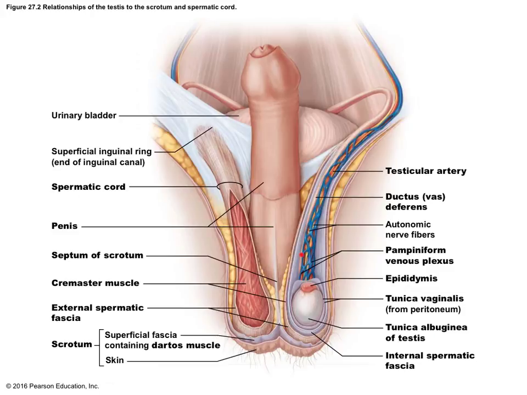And arterial blood has more heat in it than venous blood does, because as the blood travels through the capillary beds, it loses some heat in the form of friction. And so the venous blood is a little bit cooler. And so this venous blood here is helping to cool the arterial blood. And remember, the testes have to be at a lower temperature than our body temperature in order to produce sperm. So this is part of that whole process, cooling the arterial blood before it makes it to the testes.